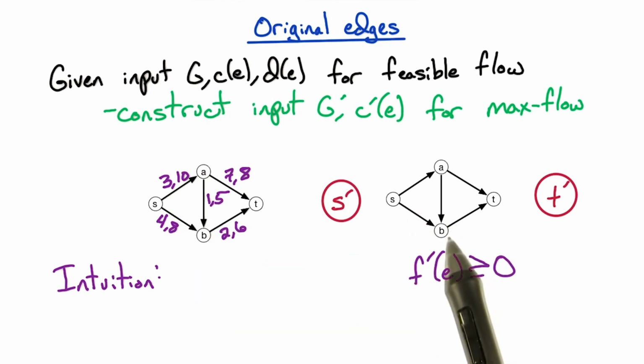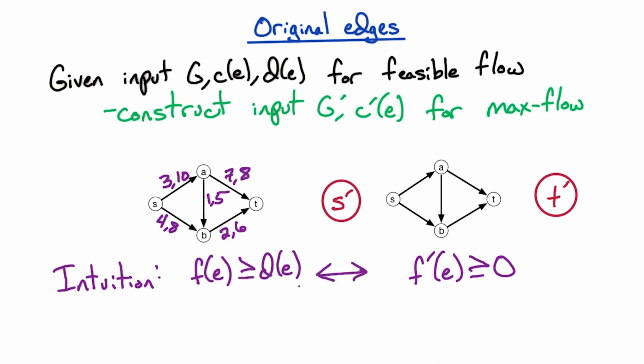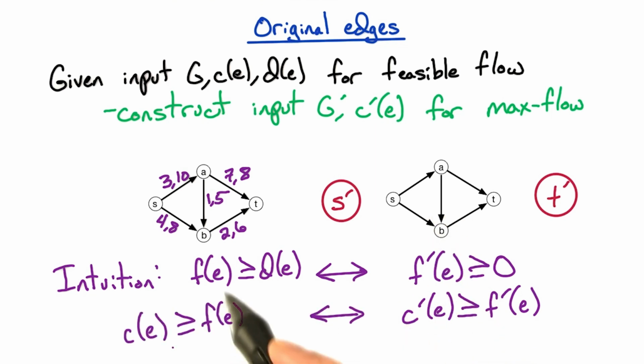What we want to capture is that there's non-negative flow along an edge if and only if we can construct a flow in the original network where the flow is at least the demand. And we also want that the flow in this new graph G prime satisfies this new capacity constraint if and only if this flow F that we're going to construct satisfies the capacity constraint in the original network.